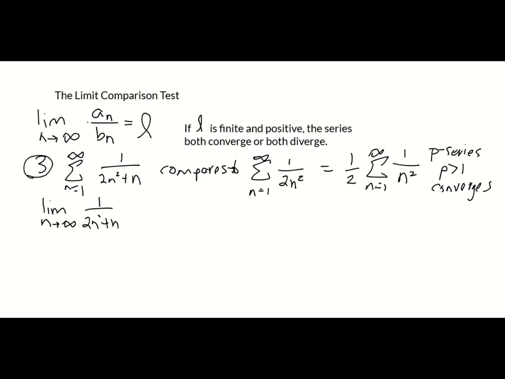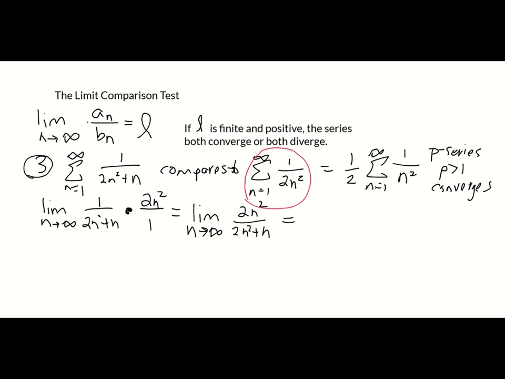B sub n is our comparison series right here, circled in red. So if I divide by that fraction, I'm going to multiply by the reciprocal of that fraction, which would be 2n squared over 1. So this is equal to the limit as n approaches infinity of 2n squared divided by 2n squared plus n.